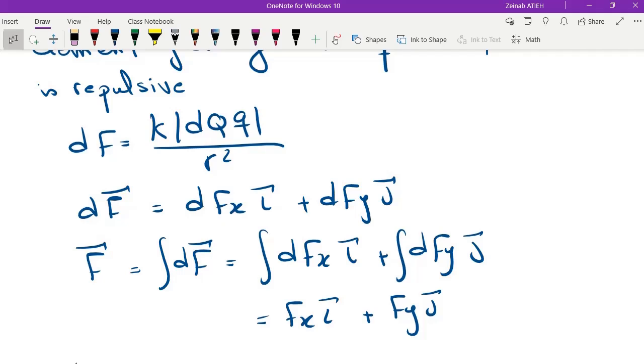And then these Fx and Fy are the components of the force exerted by the rod on Q. Let's first learn how to get dfx and dfy.